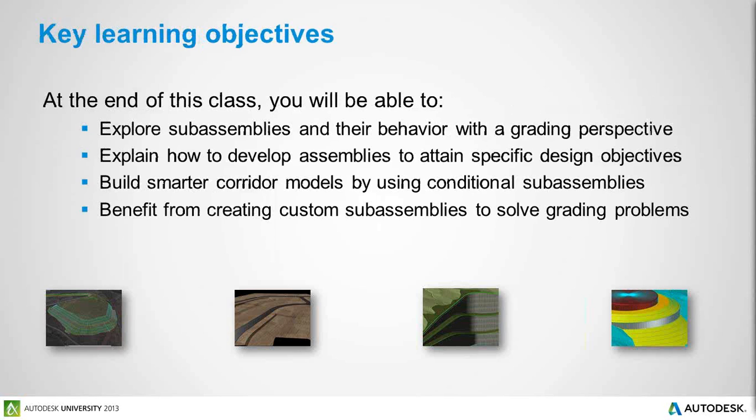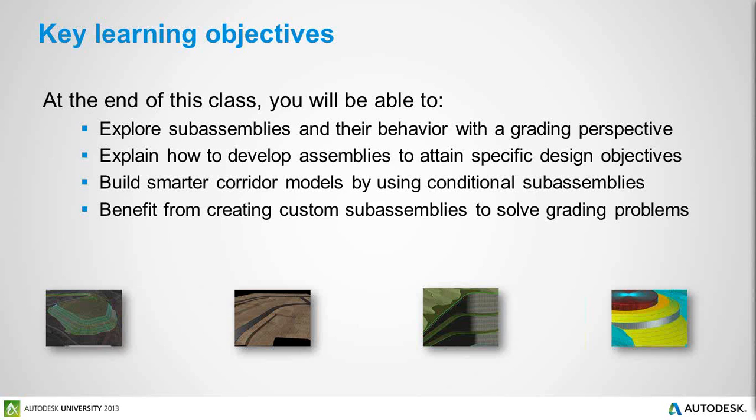What I hope you will learn and what you should take away from this class, four main elements. One is to take a different look at subassemblies, not so much in terms of road design, but think in terms of how to use them to solve some of your grading problems and look at them with a grading perspective. We'll look at how to assemble them, or create assemblies with these different subassemblies, to attain some specific design objectives.